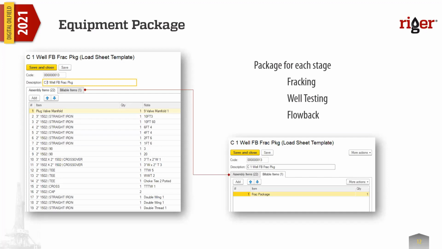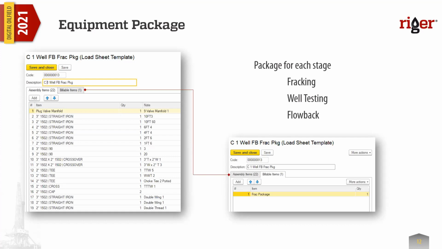Then once the job comes in, you just use this template and dispatch this exact package to this company. That's a very handy and useful document for the asset managers who operate the rental fleet, and they will be working with this template constantly. As you can see in the load sheet template, you have the assembly items that are the physical assets themselves, and also you have billable items.